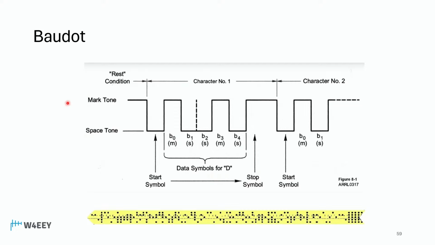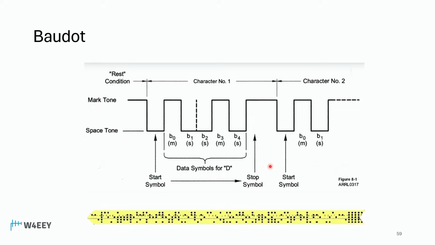So what happens? We're sending a continuous series of mark tones, and then we're going to have what's called a start symbol. What the start symbol does is it tells the receiving end something is about to happen. Okay, we just went from mark to space. Something is about to happen. Pay attention to what's coming next. So we're going to go from a space to a mark for one time period. That's the B0, so that's going to be 1. Then we're going to transition and keep it low for 2, so we're going to have a 1, 0, 0, 1, 0.